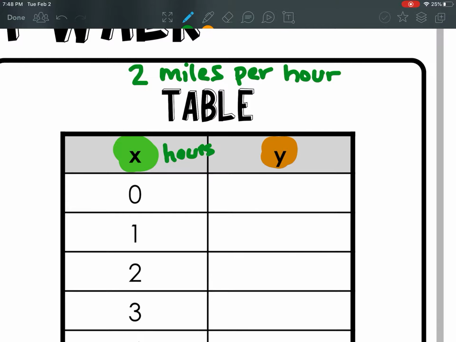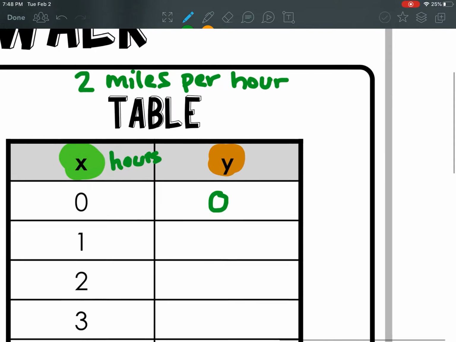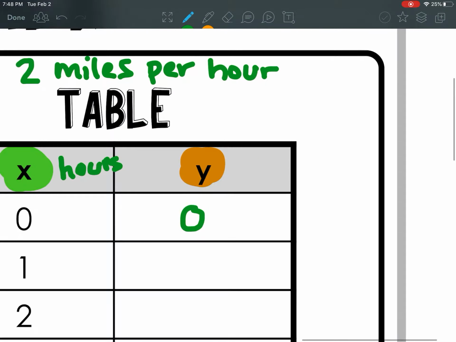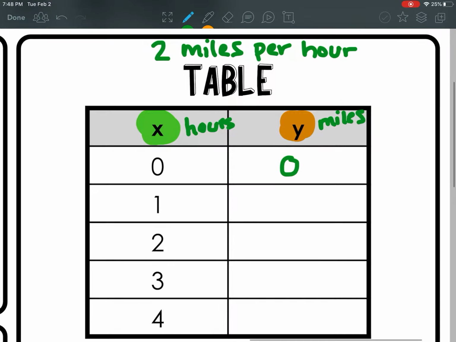Well, 0 hours, we haven't gone anywhere because it says 2 miles per hour. So it has to go 1 hour to get those 2 miles. So at this point, we will have walked 0. And Y, remember, is miles walked. So now we have 1. So after 1 hour, so per, remember, that means 1. So 1 hour, 2 miles has been walked.